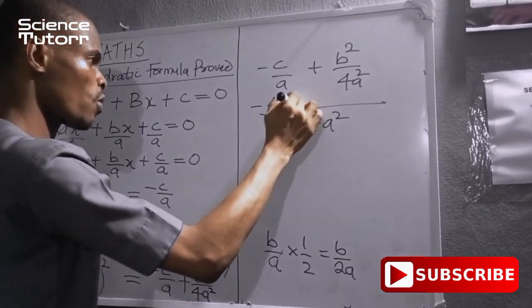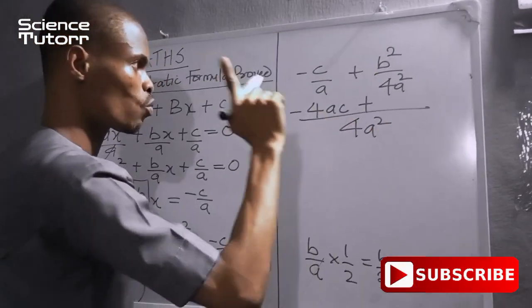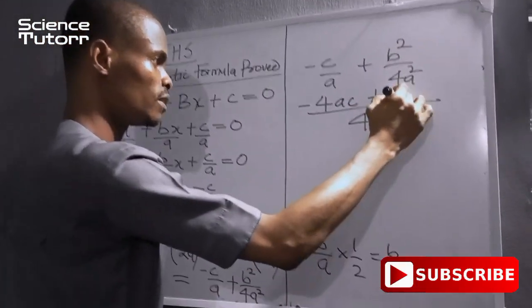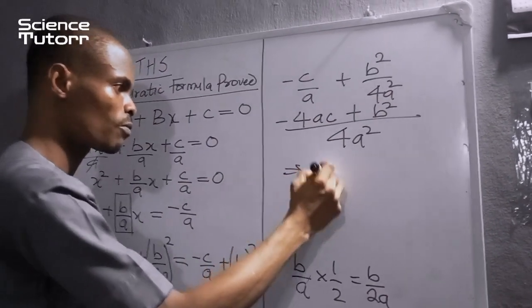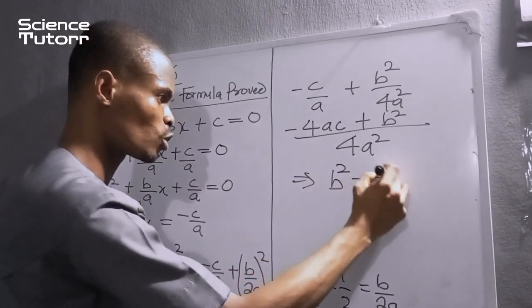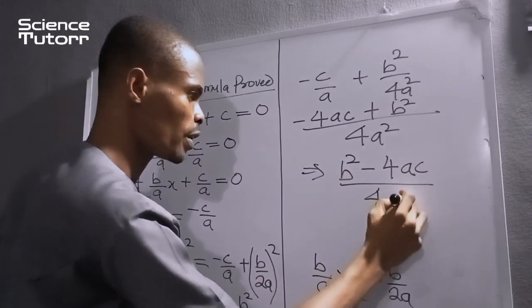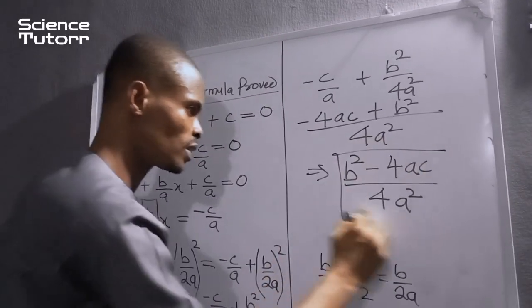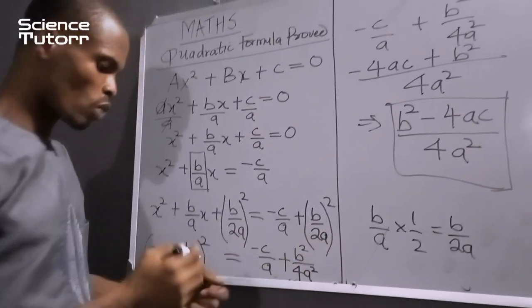That's minus 4ac plus, 4a cancels, a is gone. 1 times b squared gives us b squared. So rearranging this, we are going to have b squared minus 4ac all over 4a squared. So this is the simplified form of the right hand side of the equation.